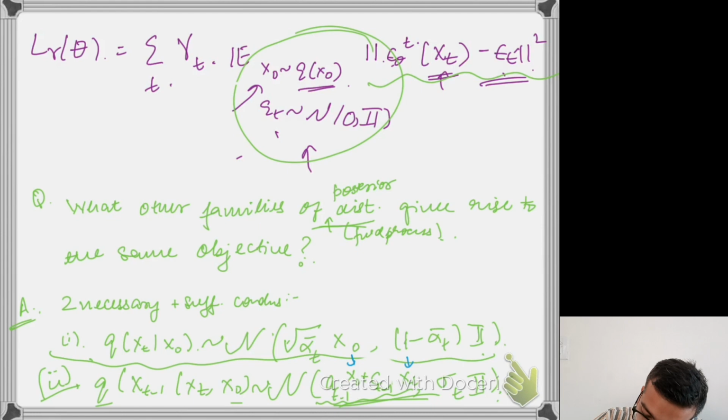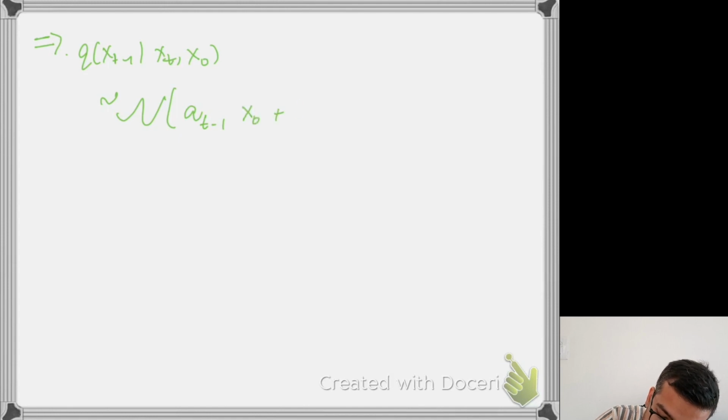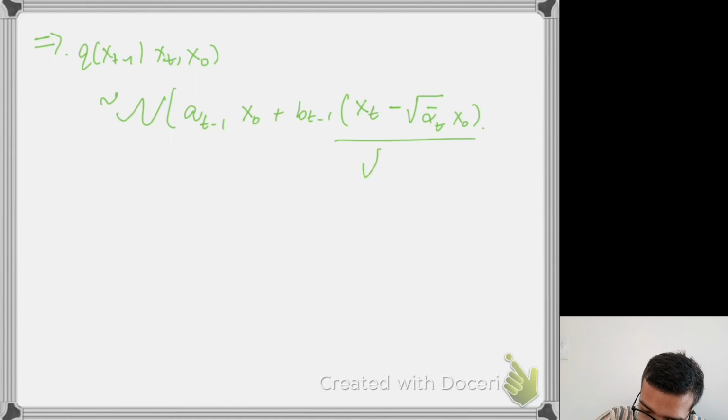So what we change it to is that q of xt minus 1 given xt, x naught is a normal distribution with mean at minus 1 x naught plus bt minus 1 times xt minus square root alpha t bar x naught over 1 minus alpha t bar.